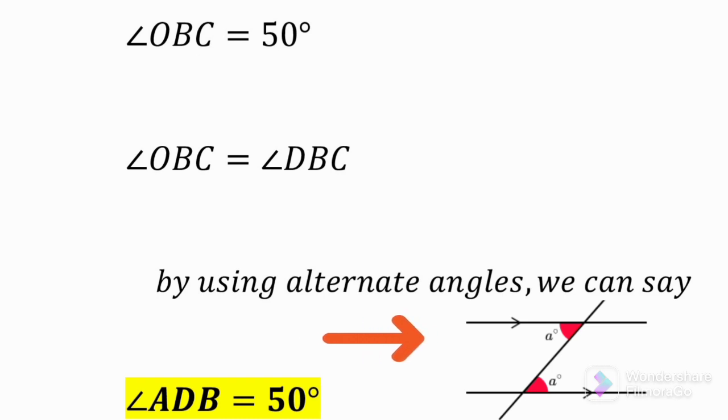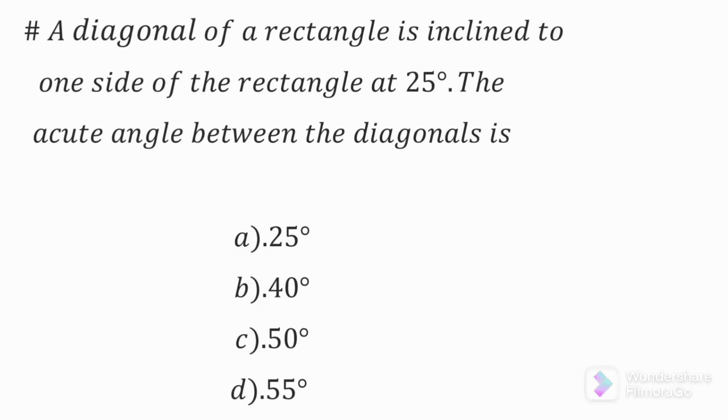Angle OBC is equal to angle DBC. By using alternate angles, we can say this. The alternate angles are shown in the figure in the red mark and they are equal. Hence, if angle OBC is equal to 50 degrees, angle ADB is also equal to 50 degrees. Hence, C, 50, is the right answer.